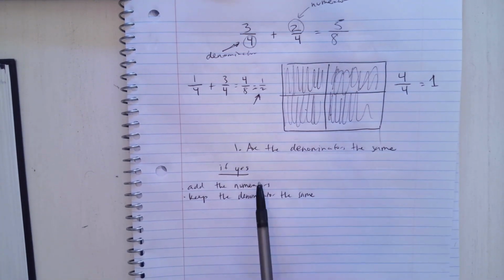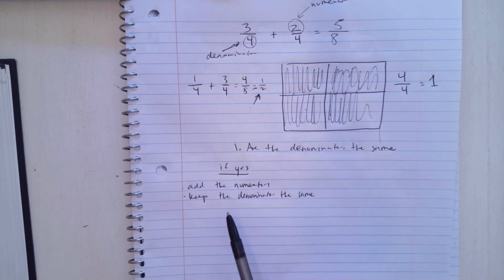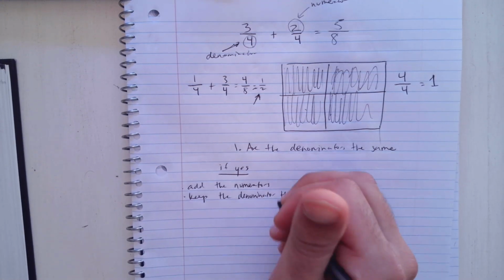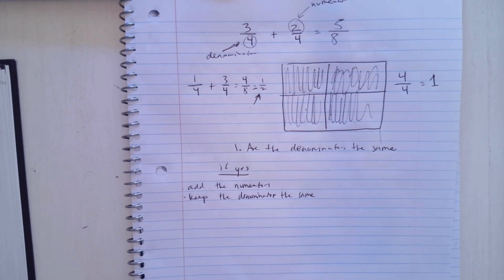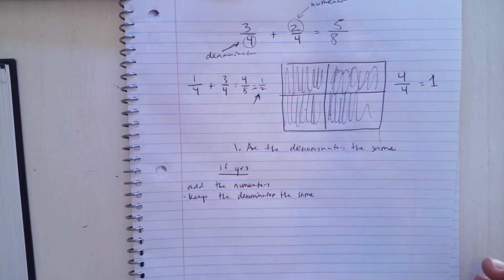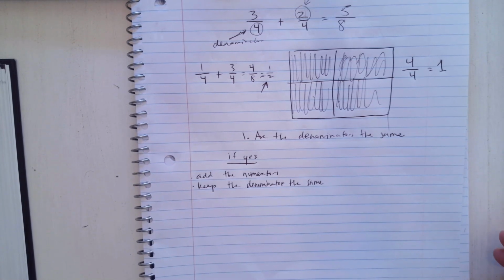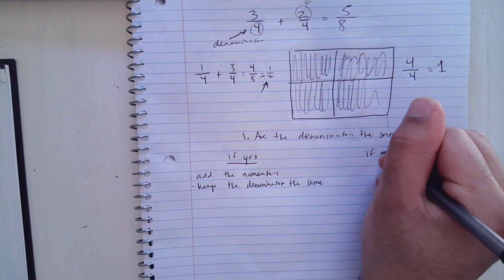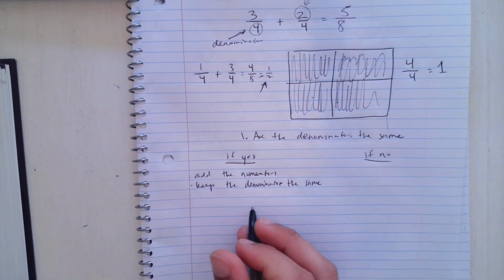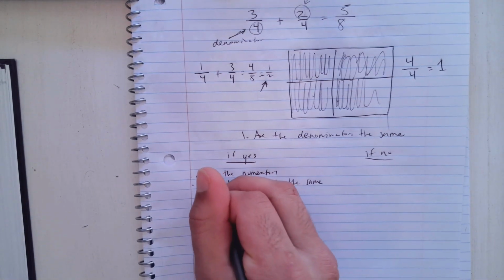If the denominators are the same, we add the numerators, and we keep the denominator the same. Does that make sense? Okay, good. Let me know when you're finished writing this down. Okay, good. And we can write a quick example right here to remind ourselves.